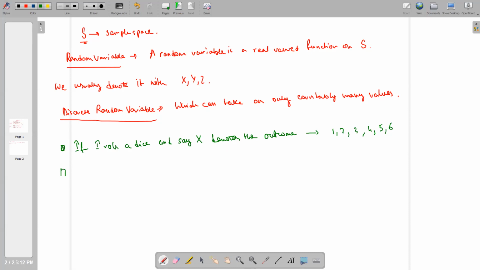Say if I roll a die again, and if I get an even number, I say Y is equal to 1.